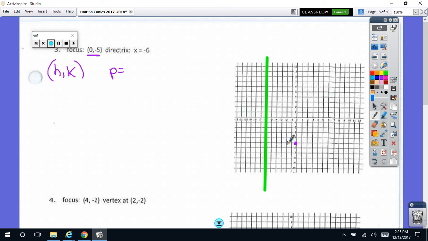Okay, let's see, it's 1, 2, 3, 4, 5, 6 steps between here and there, so it's 3 steps for my p-value and 3 steps to get to my vertex. And that coordinate is -3, -5.